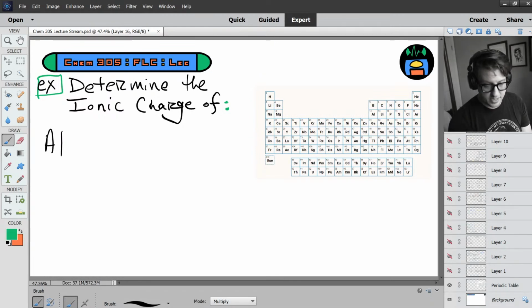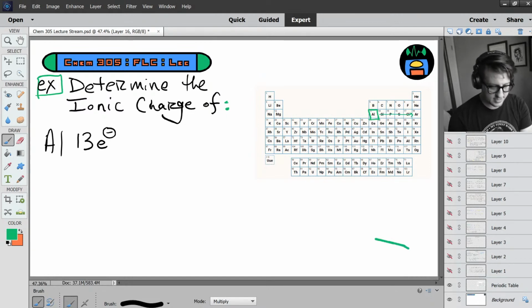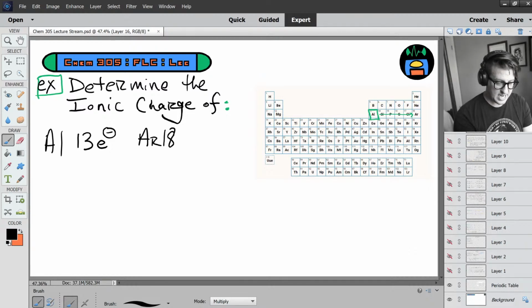All right. Now, here's why aluminum is the hardest. Aluminum has 13 electrons. When you look at aluminum, you may be tempted to say, my nearest noble gas is argon, with its 18 electrons.